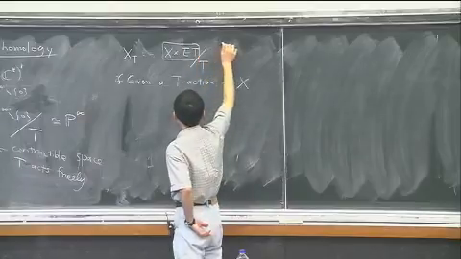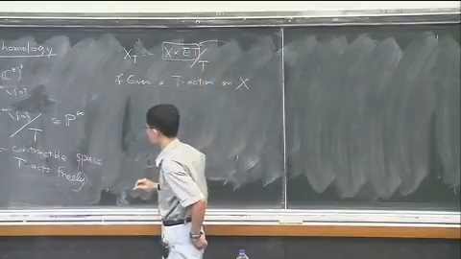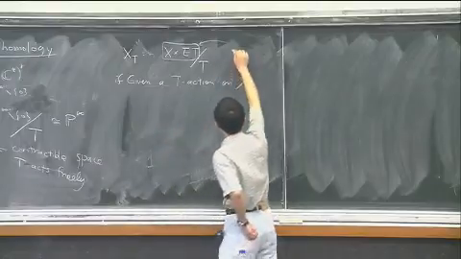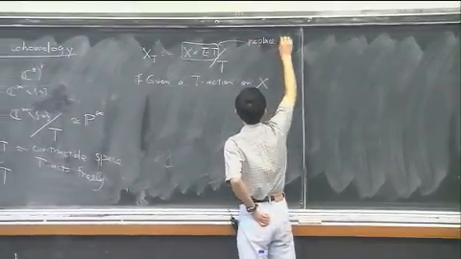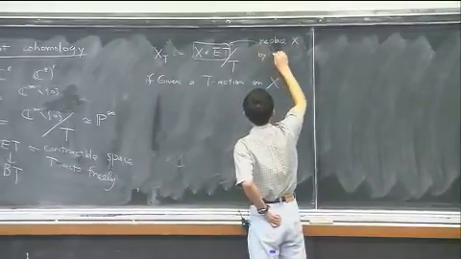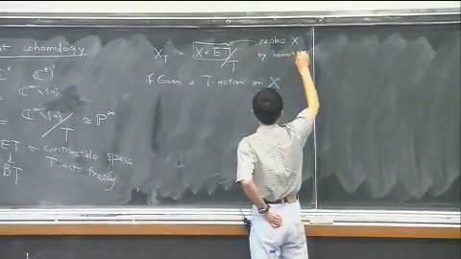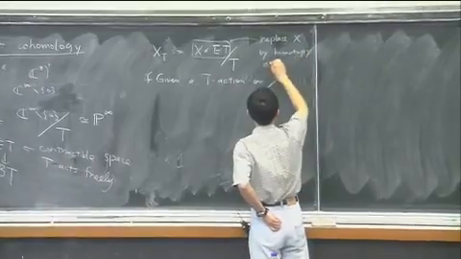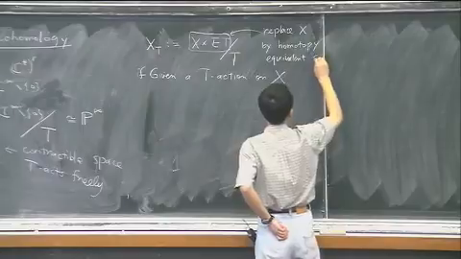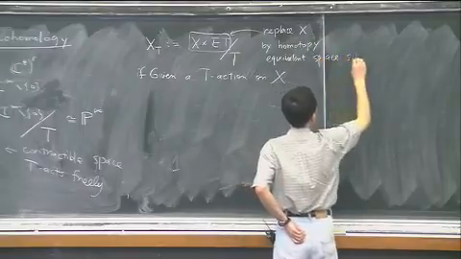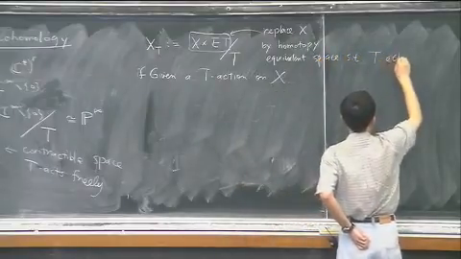So heuristically, as I said, ET is a contractible space. Heuristically, I'm replacing X by a homotopy equivalent space such that T acts freely.